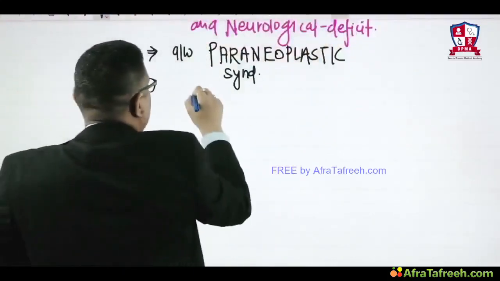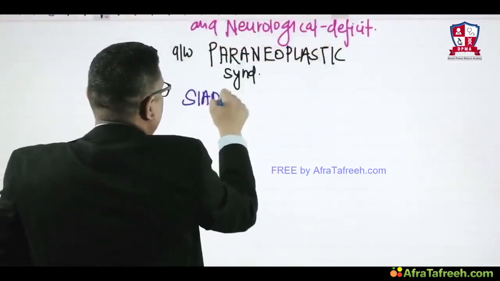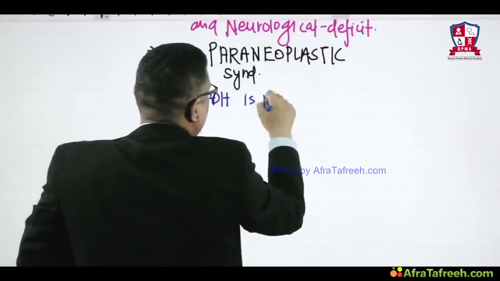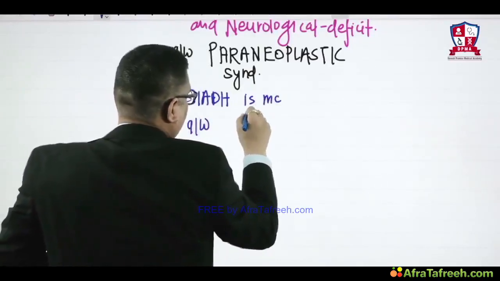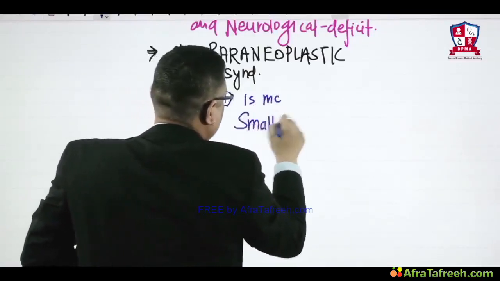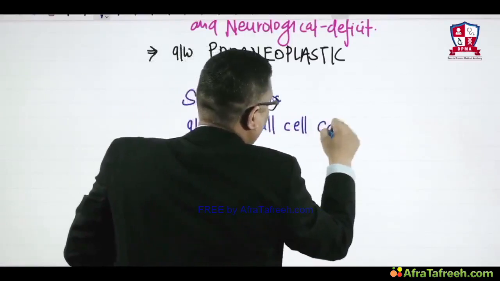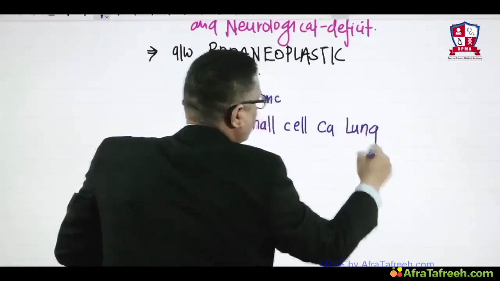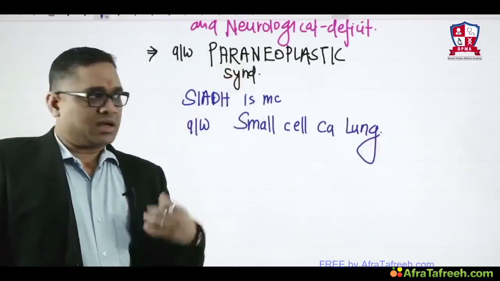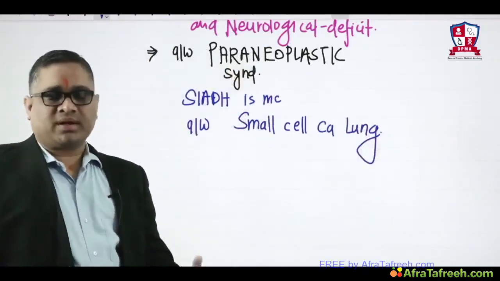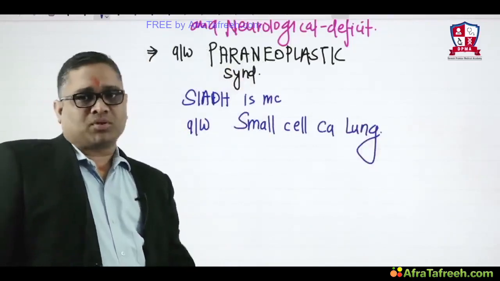Now we have to understand that SIADH is most commonly associated with small cell cancer of the lung, right? So small cell cancer of the lung is most commonly associated with SIADH, where ectopic ADH will be released, right? So these are important points about the posterior pituitary.